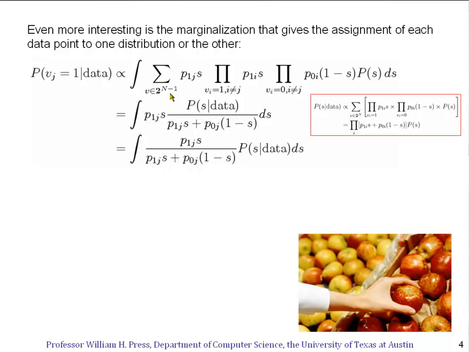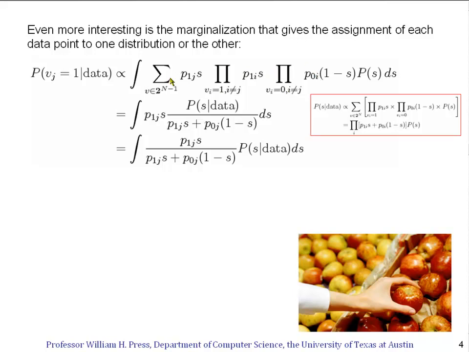Well, the one that I am assigning to the value 1 is p sub j, so there's a p sub j times a mixture value s, because I'm assigning it to 1. And then the sum, we can move the sum into here, and now we have the product over all the possibilities of vi equals 1 or vi equals 0 and how the data is assigned.